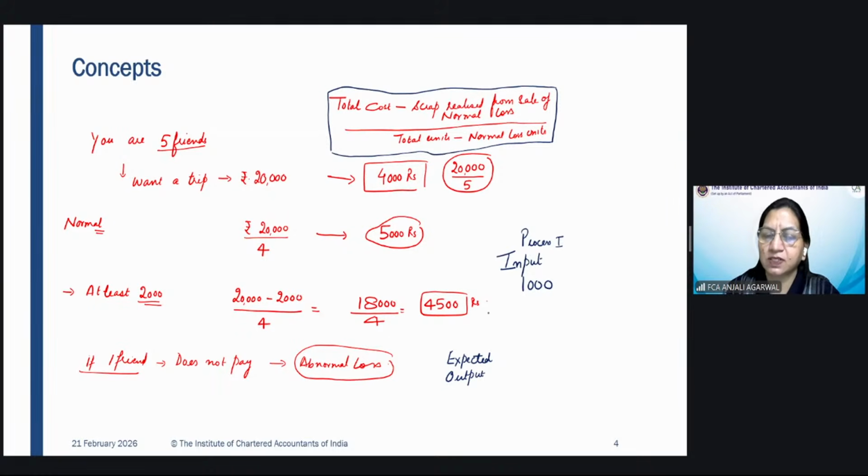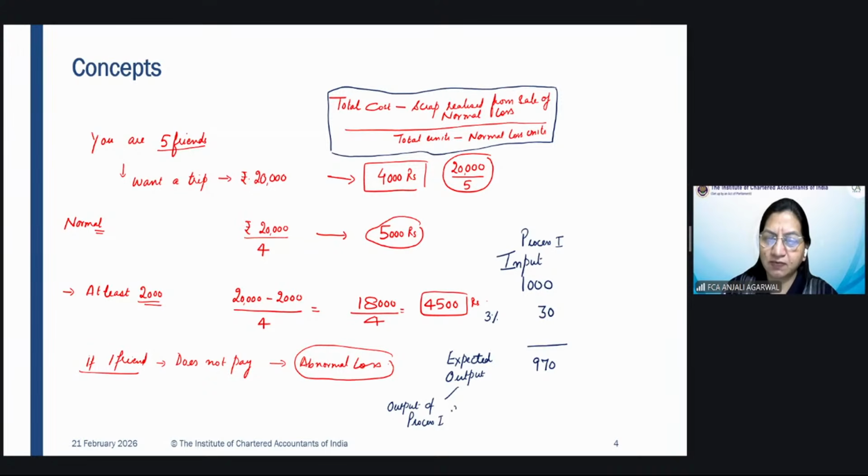Let's say normal loss is 3%. So 30 units should be lost and my expected output is 970. This is compared with the final output of process 1. So don't confuse with finished goods. Finished goods will come at the very end of the last process. So output of process 1 is compared with the expected output of process 1.